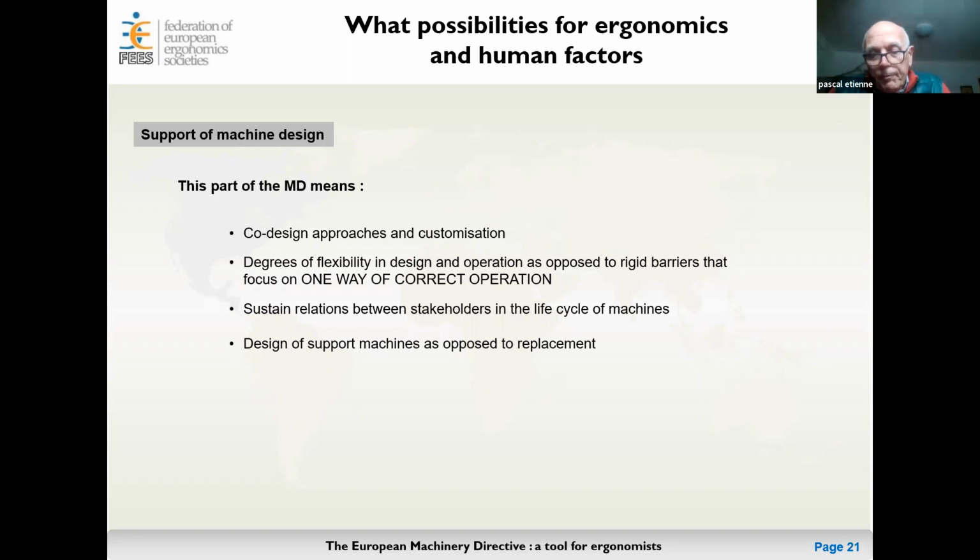And also, it is very important to make the link with that kind of assessment and the content of the Annex 1 of the Machinery Directive, the essential safety requirement, which include many ergonomic aspects. So it is a very open question where we as ergonomists can have an important input.